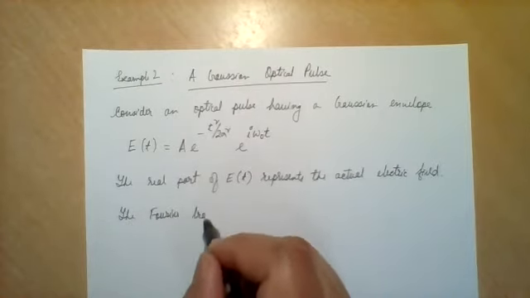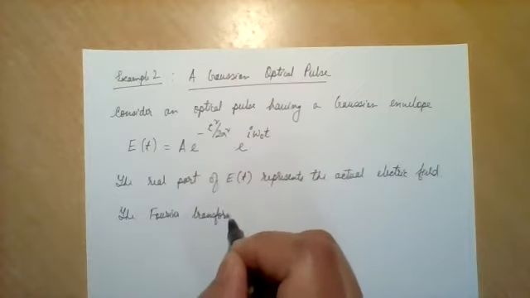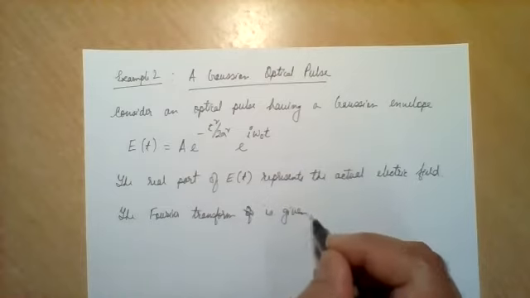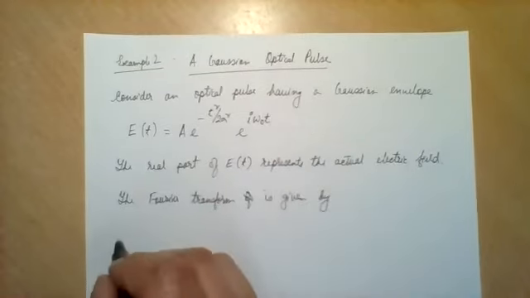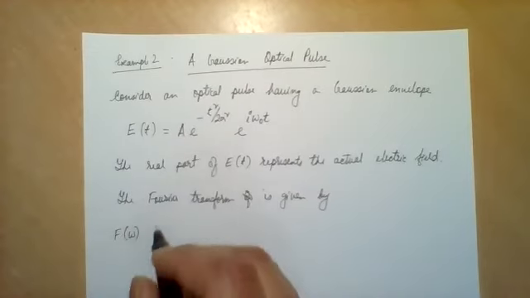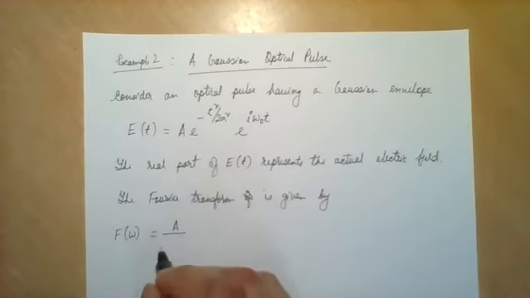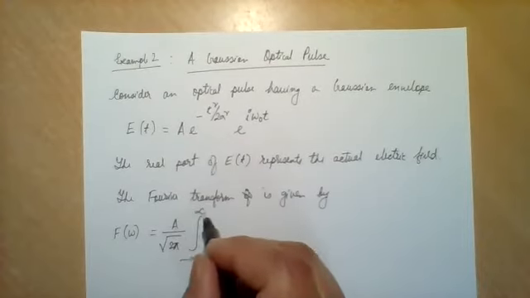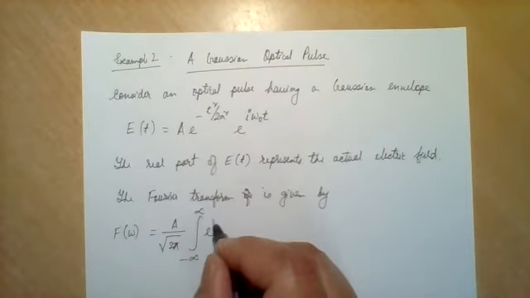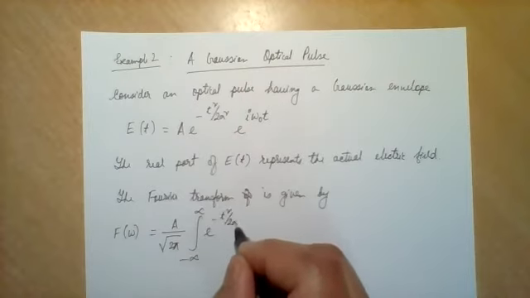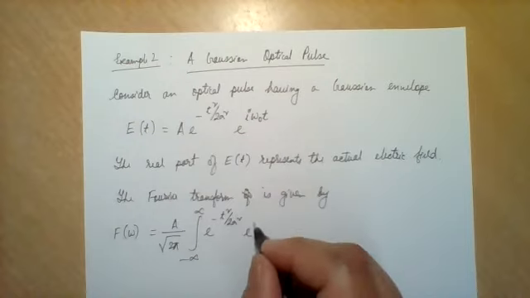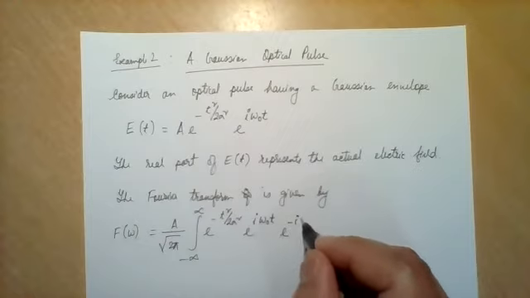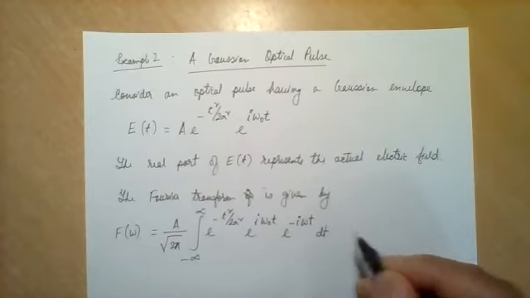The Fourier transform is given by f of omega equal to a by root over twice pi, integral from minus infinity to plus infinity, e to the power minus t square by twice sigma square, e to the power i omega naught t, e to the power minus i omega t dt.